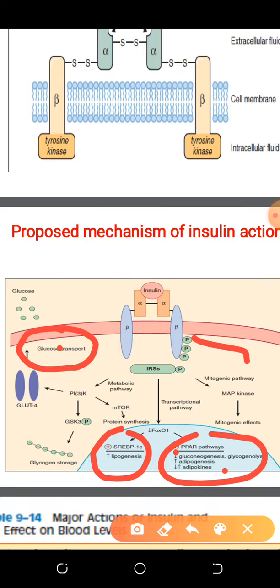So I would want you to know these actions of insulin. These are what we call the metabolic actions of insulin. It has effects on carbohydrates, lipids and proteins. This is what I want you to understand. It affects the metabolism of glucose or carbohydrates, and lipids.